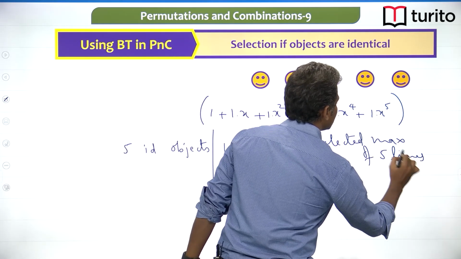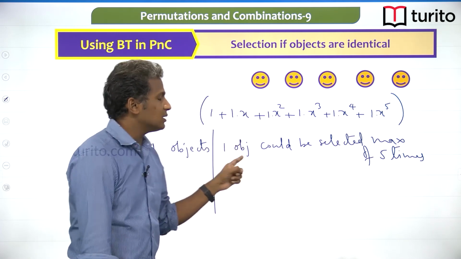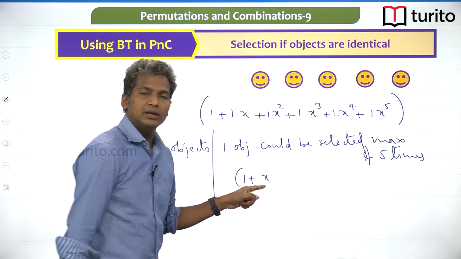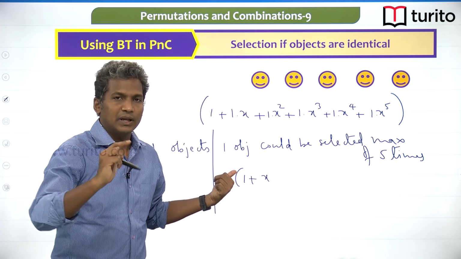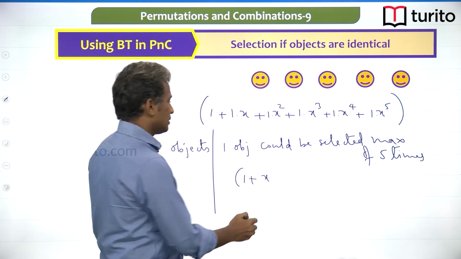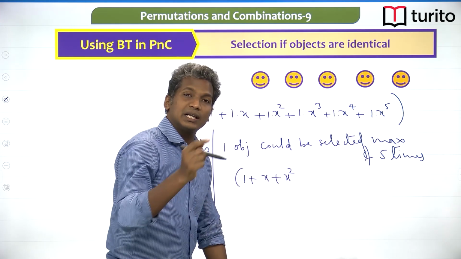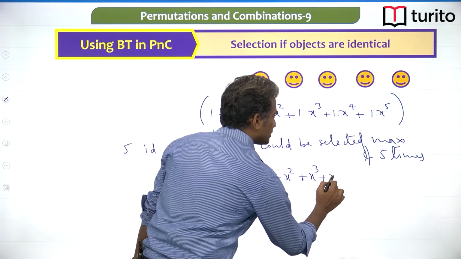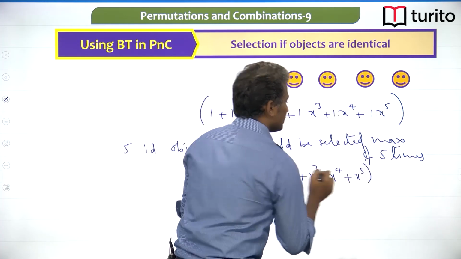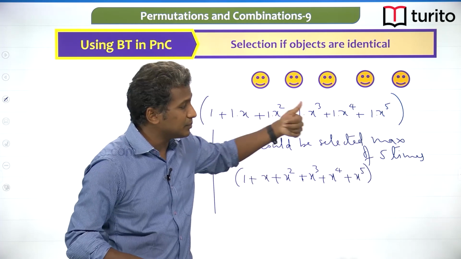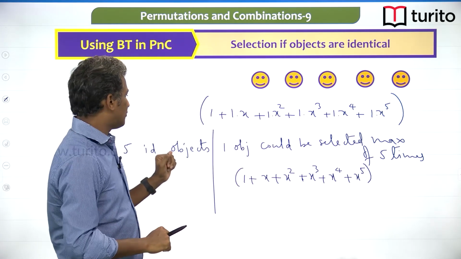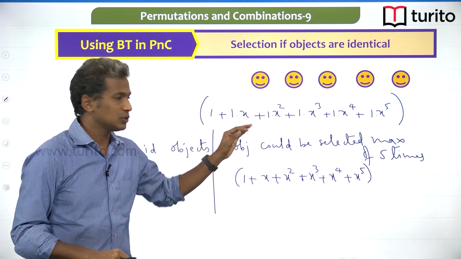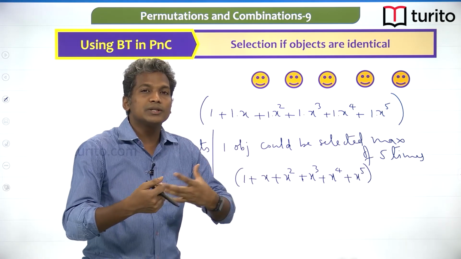Then the same logic applies, because one object can be selected in one way, it can also be selected 2 times in one way only, 3 times in one way only, 4 times also one way, 5 times also one way. So one object being selected a maximum of 5 times is the same as 5 identical objects being selected at the same time. These two have the same functions because the logic is the same.